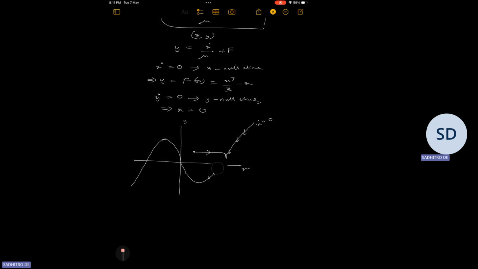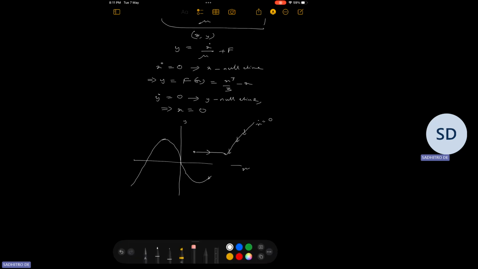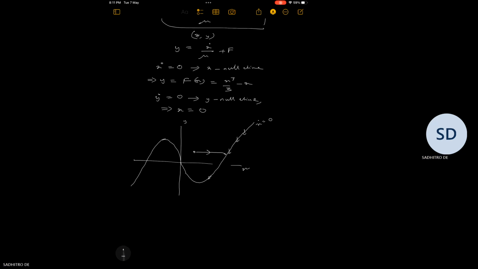So ultimately, instead of wiggling around like that, this trajectory goes down along this y null line and it closely follows the null line like this.